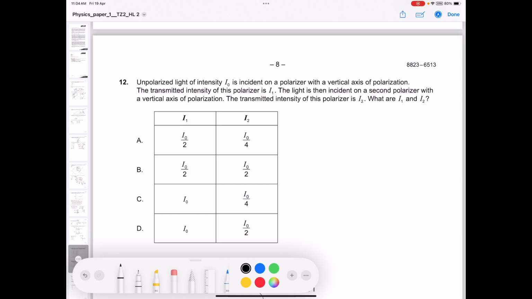Now when it passes through the second polarizer, the light has already been polarized, so the vertical polarized light will go straight through this second polarizer without its intensity being reduced. So the I2 intensity will also be I0 over 2. So the answer is B.